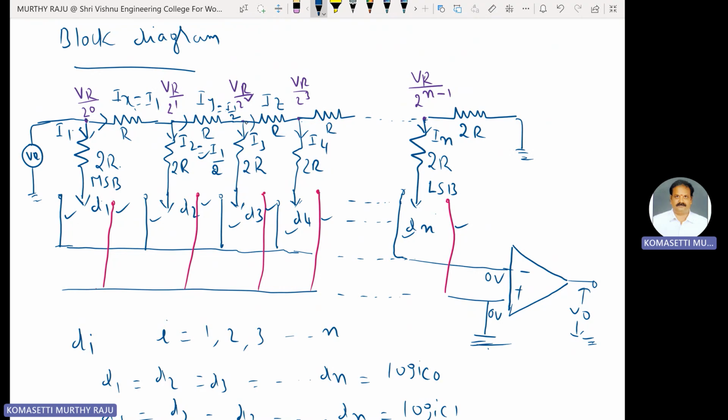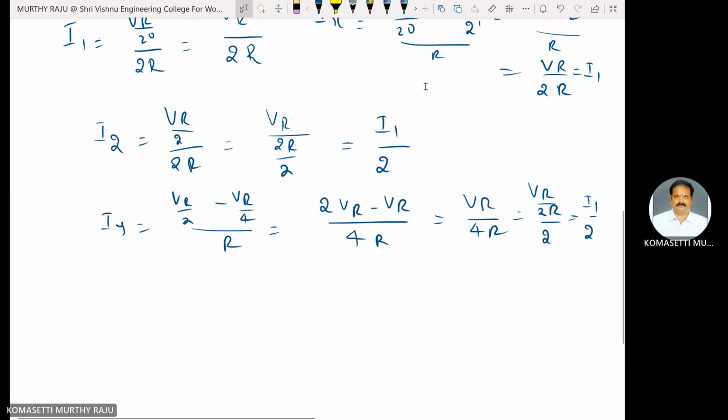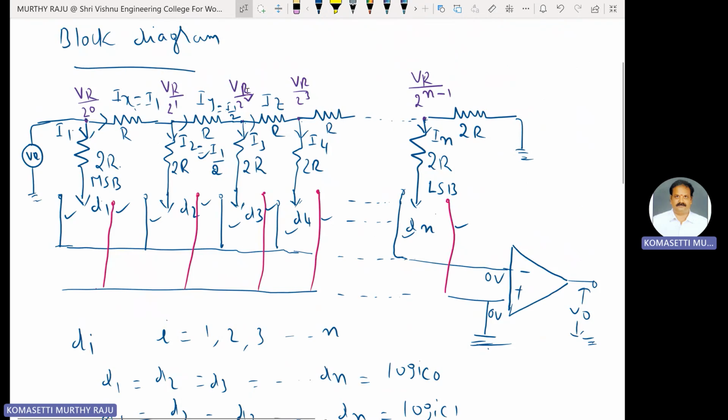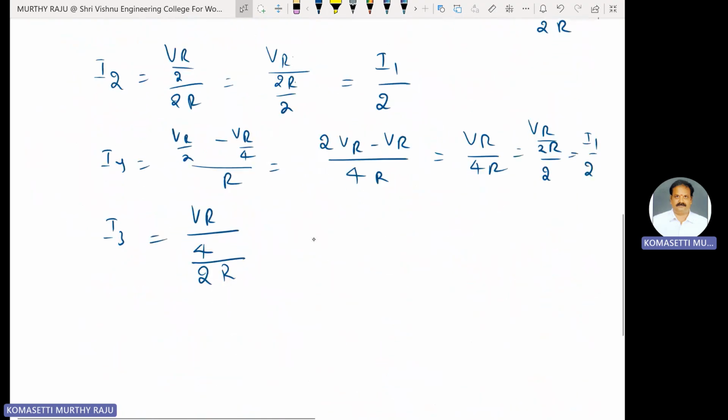Next, at this node, I3. I3 is equal to VR by 4 by 2R, since the node voltage at this point is VR by 4. That is equal to VR by 8R, that is VR by 2R by 4.